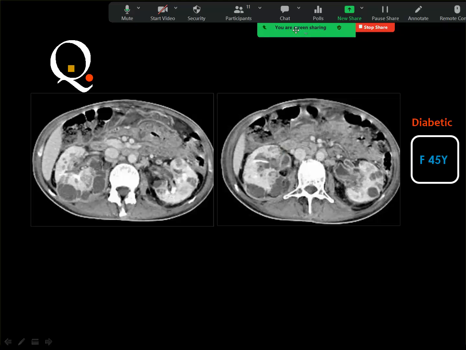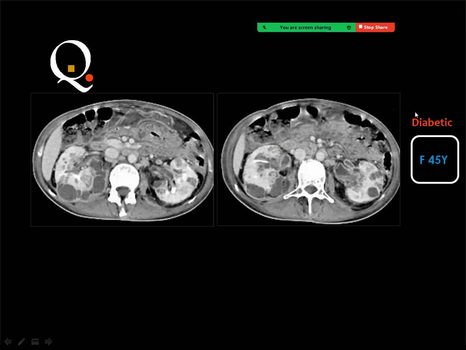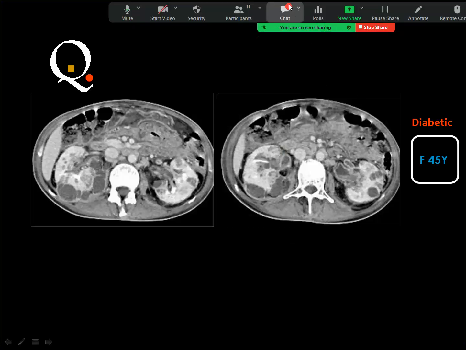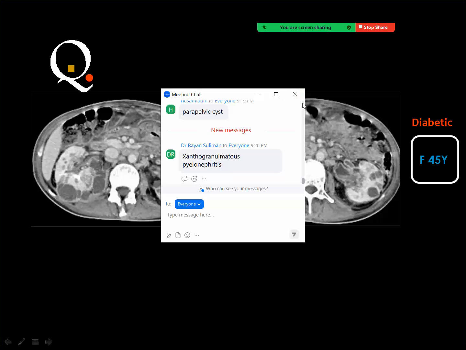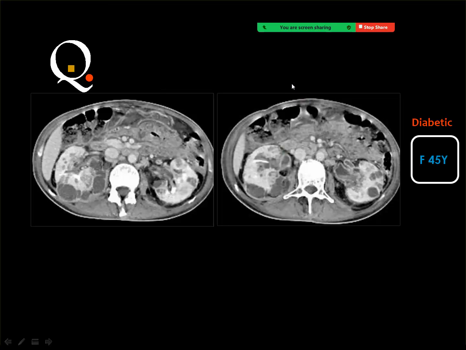And whenever you are told that the patient is diabetic, and you think of infection, and the infection here is bilateral. It is not xanthogranulomatous pyelonephritis, but these are multiple abscesses in the renal parenchyma and perinephric space, with extension to the collecting system.